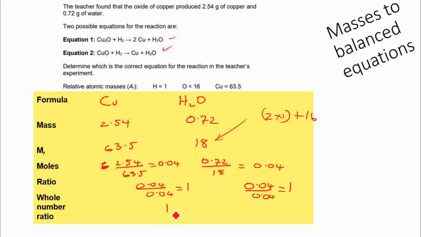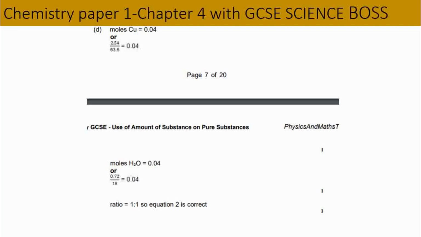So the ratio is a 1-to-1 ratio. In which of these is it a 1-to-1 ratio? Have a look where 1 copper is forming 1 water, so it has to be equation 2. It can't be equation 1 because that is a 2-to-1 ratio. That's what it would look like.